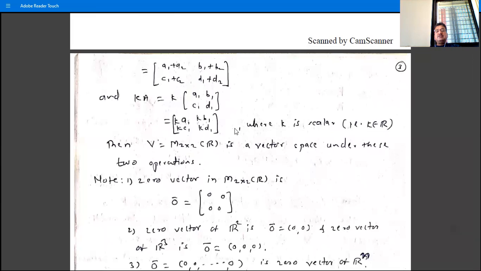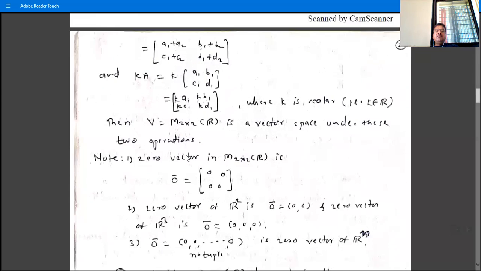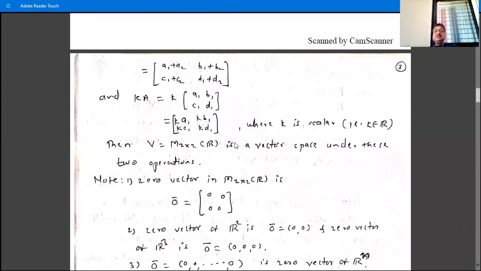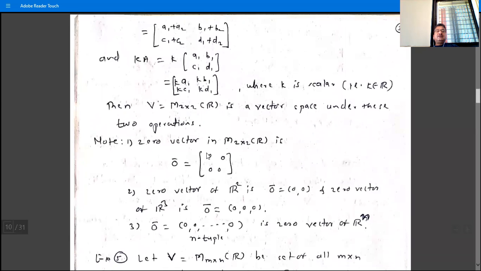Like that we can prove the properties A1, A2, A3, A4, M1, M2, M3, M4 very obviously. And therefore under these two operations, this set M2 by 2 R is a vector space.